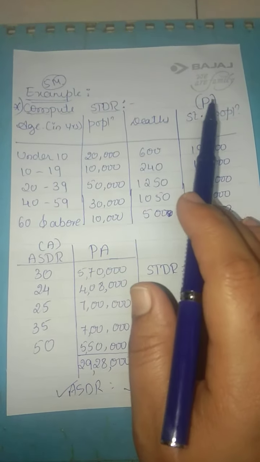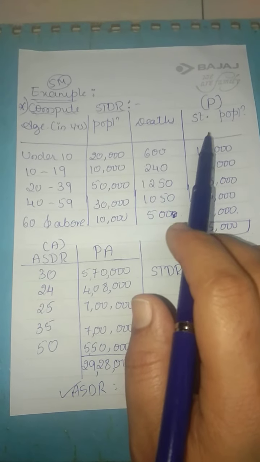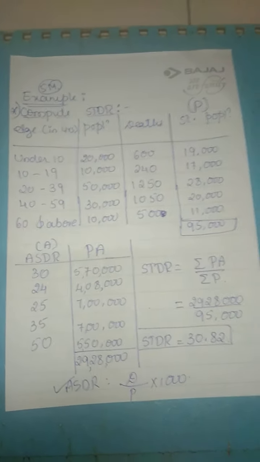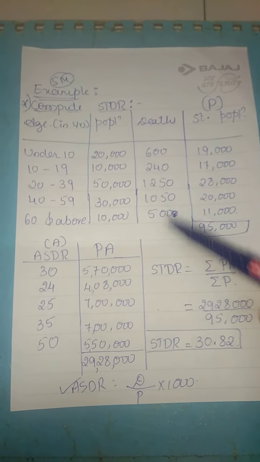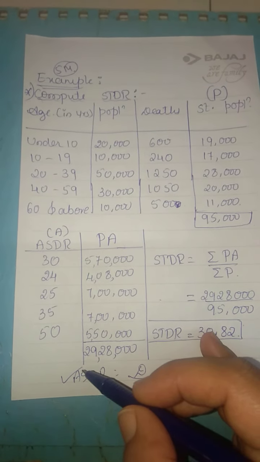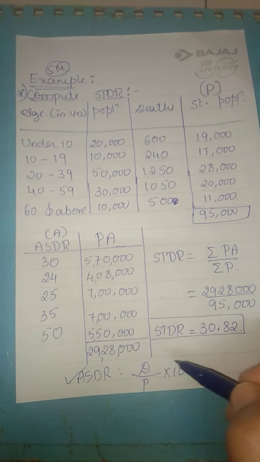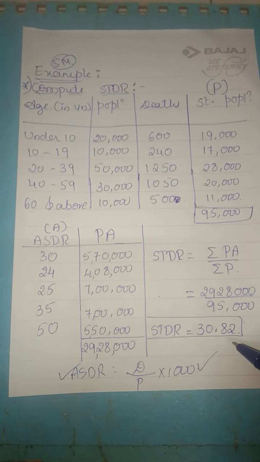Two different data sets will be given along with the standard population, and you have to calculate the same thing two times. You have to write the ASDR formula for that, so it carries marks here.